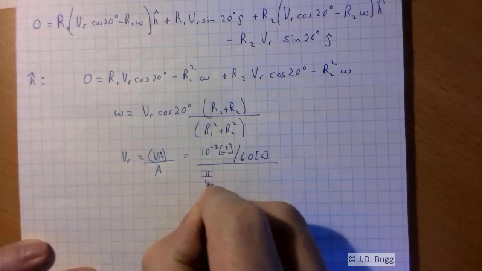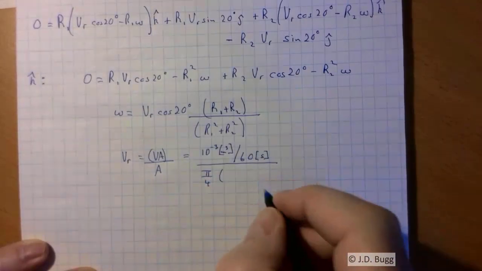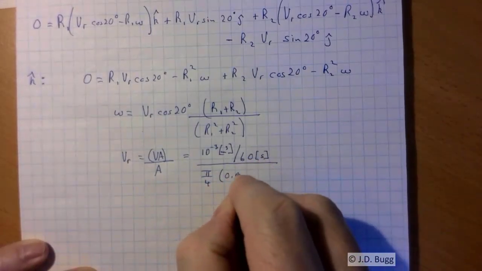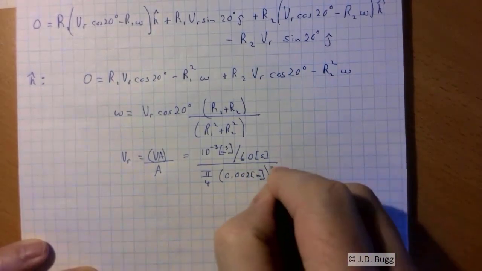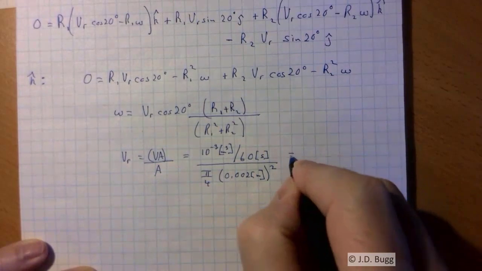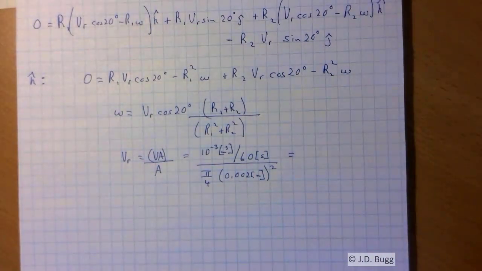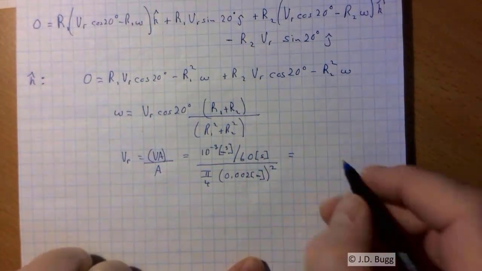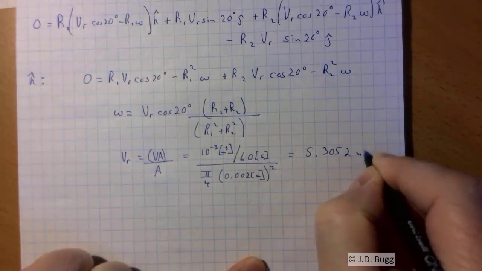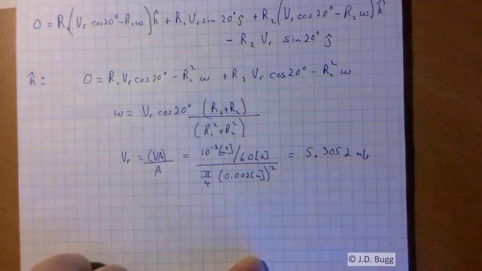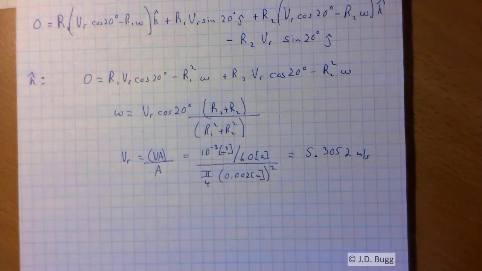So pi by 4, and the diameter was 2 millimeters, so 0.002 meters squared. So that'll give us the velocity. And so that comes out to 5.3052 meters per second. So about 5.3 meters per second coming out the tip.